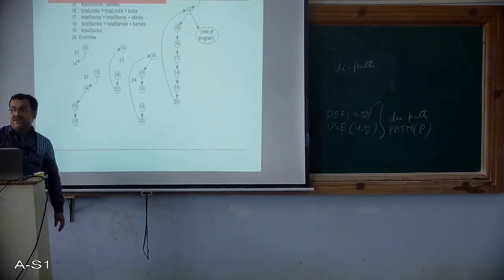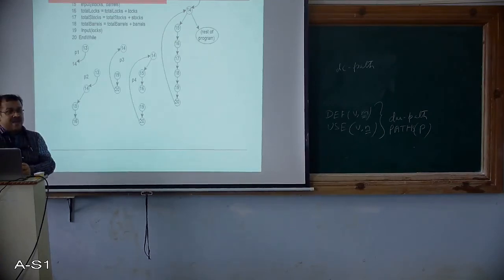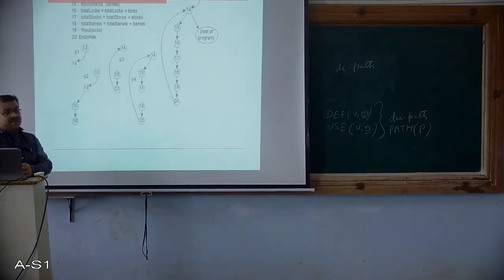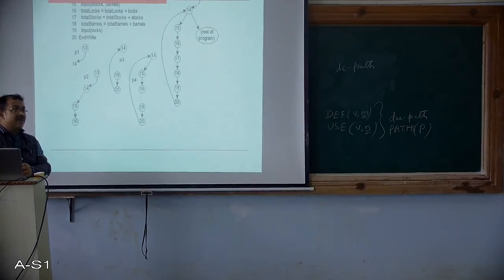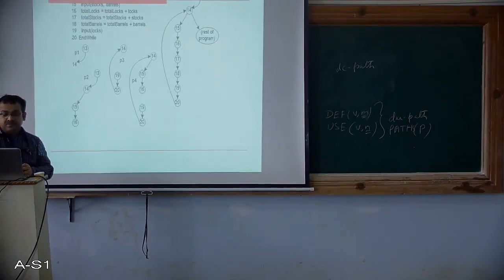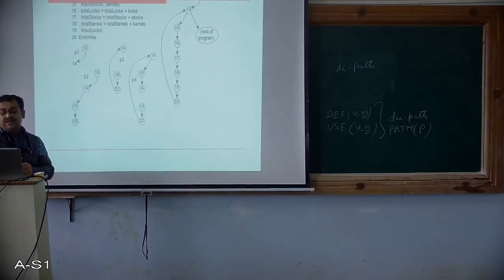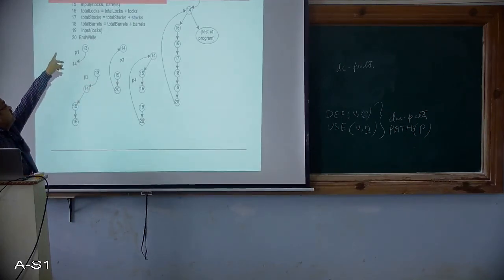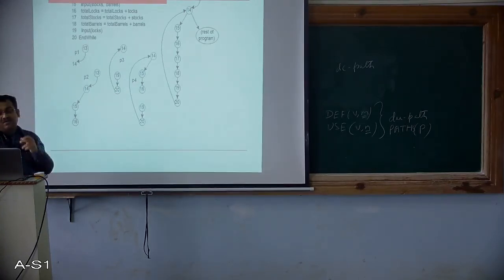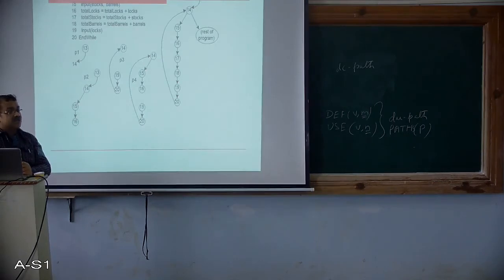So for any variable v, if m is the node where it is being defined and n is the node where it is being used, then m to n is the DU path. Here you can see it is defined in 13, that is the input logs. It may end in 14, because logs may be equal to -1. Suppose the condition is not satisfied, it will end there itself.